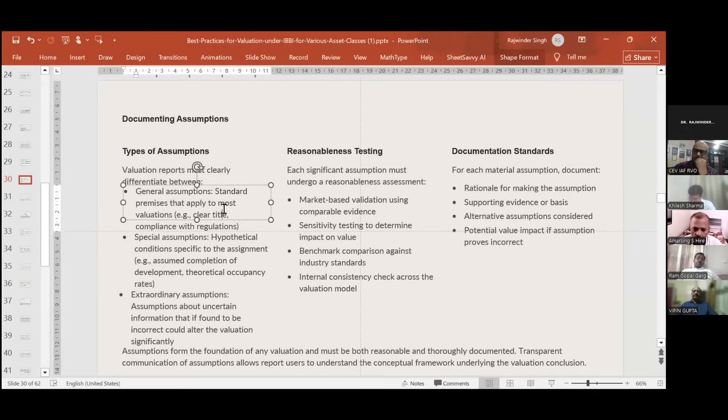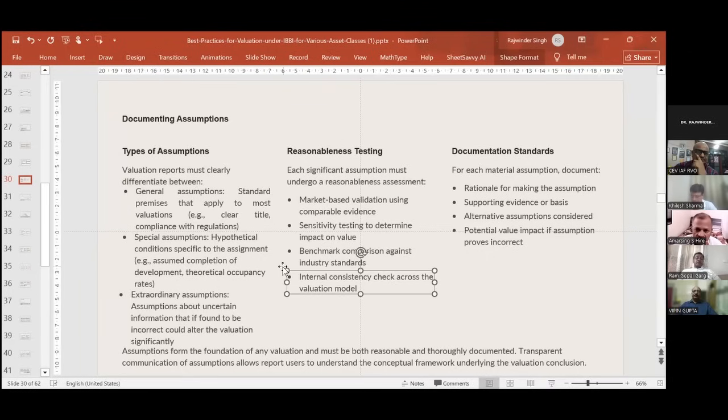So for example, clear title or compliance with the regulations.